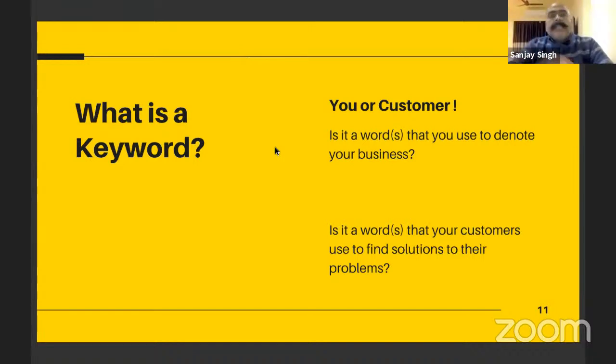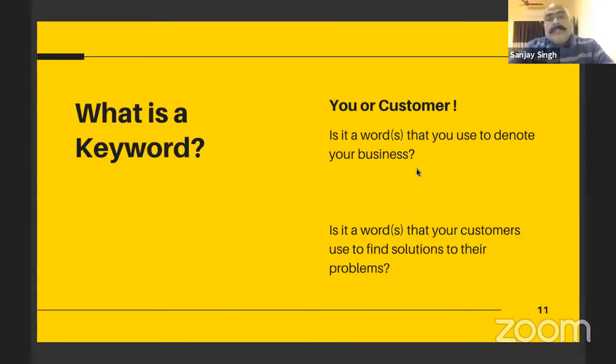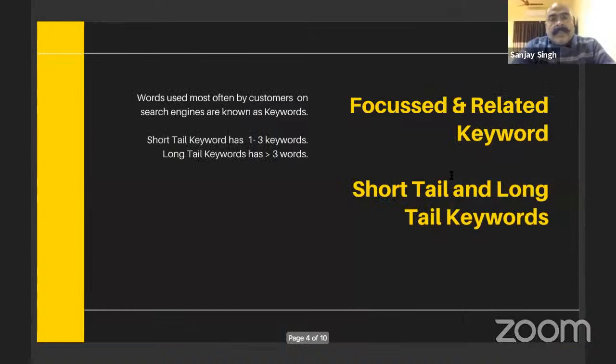So we get an idea of what a keyword is. I repeat, a keyword is a word, or a group of words, that customers use to find a solution to their problems. Okay, very nice. Now you have certain focused and related keywords.